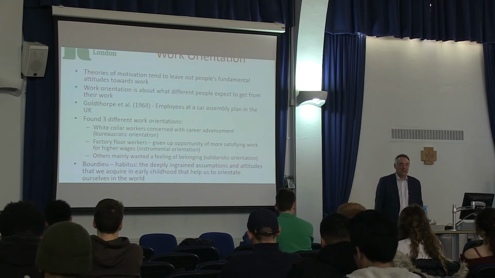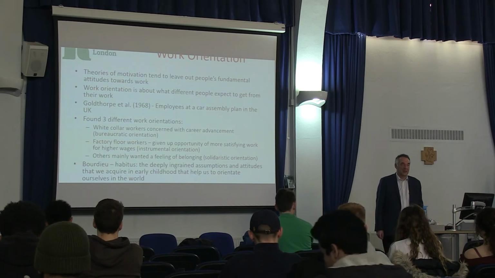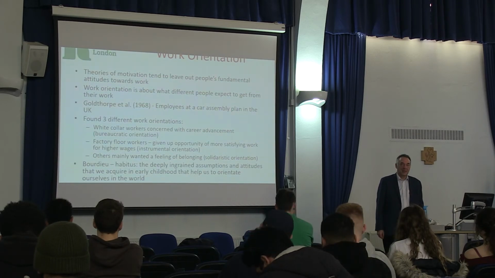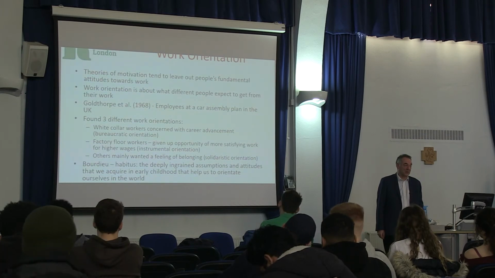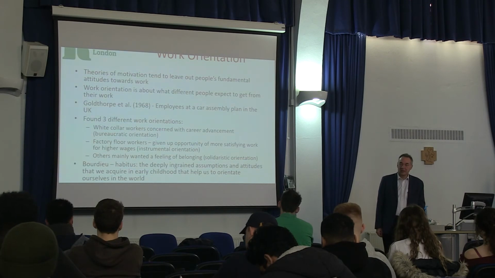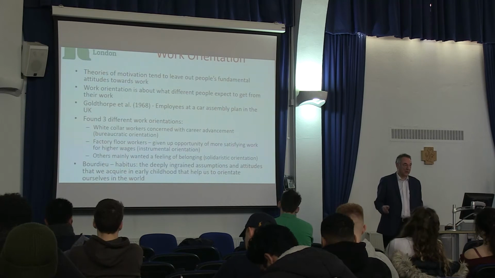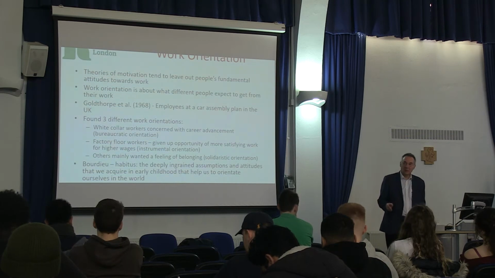He looked at some people working in a car factory. These were people doing really boring work, but they were being paid a lot for it. So they had got these jobs some time ago when they had a choice of work. They'd gone for the highest paying option, and they'd stuck with it. And Goldthorpe wondered why. Why would some people do that and other people wouldn't?